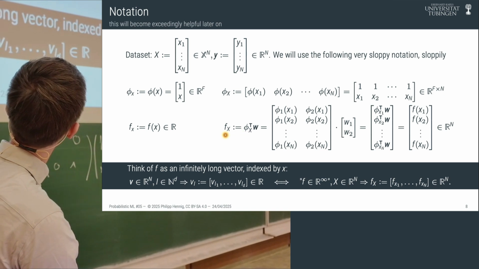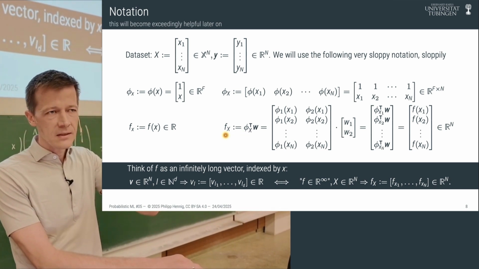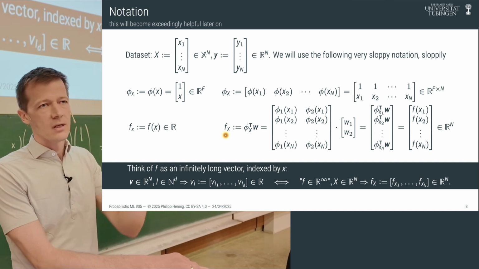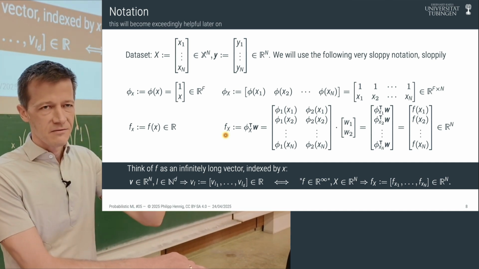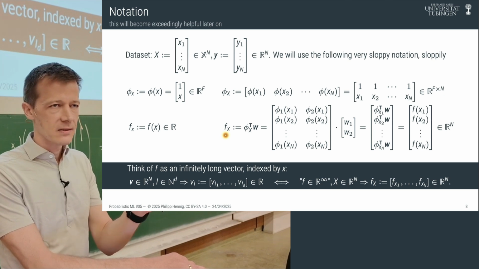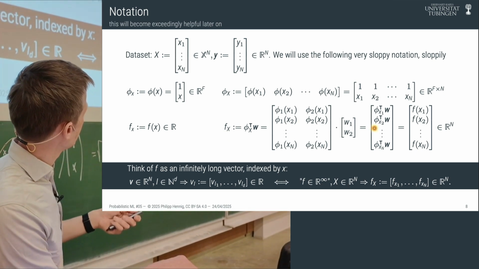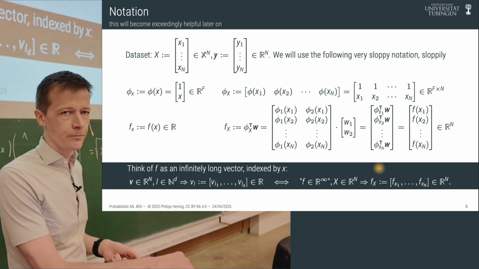Why? Because you can think of these x's here as the index set, the indices, into a discretized vector of function values. Right? If I evaluate the function x at many different values, then I get a vector that is indexed by the locations.